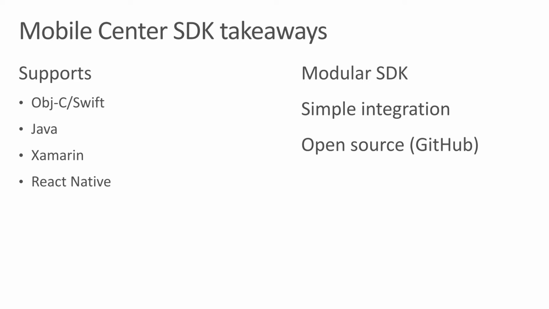They are all modular, so you only need to integrate the services that you want to onboard, and this will help you keep your app size very small. With a simple start call, you get analytics and crashes out of the box. And finally, our SDK repo is open source on GitHub, so check out our code, look into the features and APIs that we offer, and leave us any comments or feedback. Now, Karl will talk in detail about the analytics section.